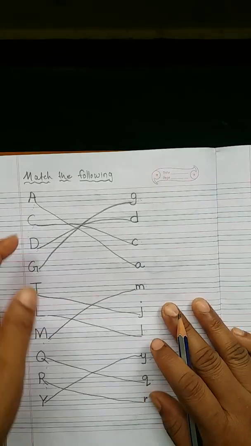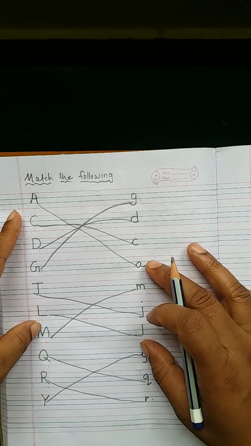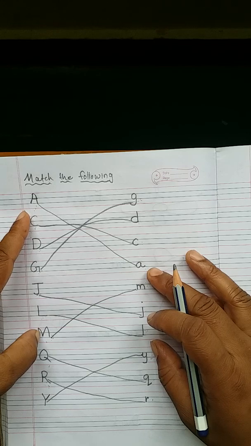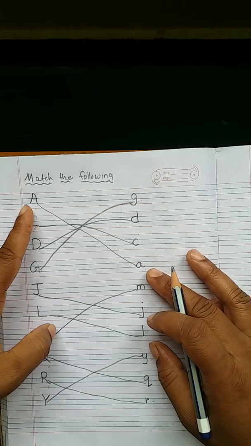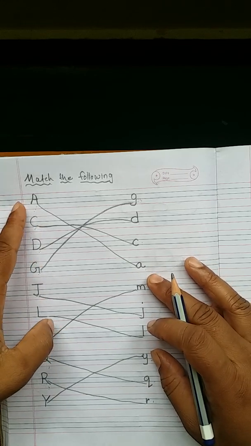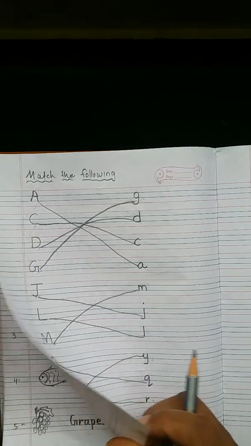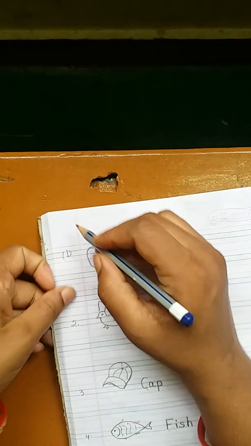And dear children, here is capital letter, here I am giving small letter; we have to match them here. Practice these two exercises in your copy. This is homework for you.